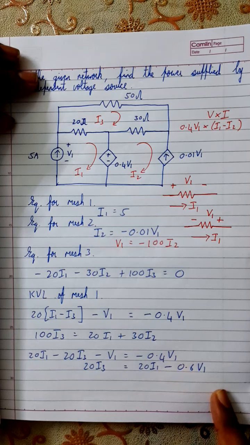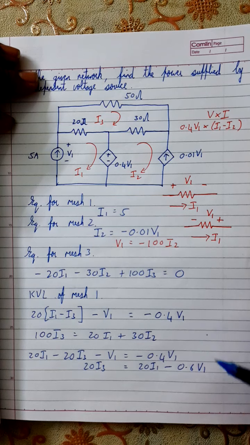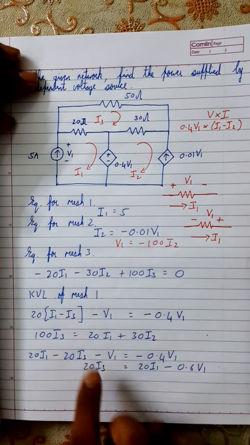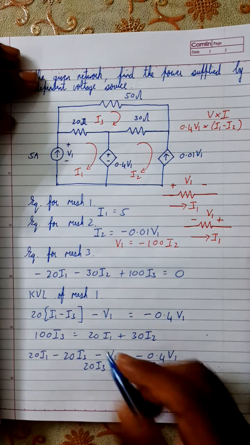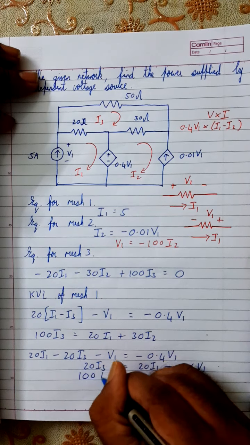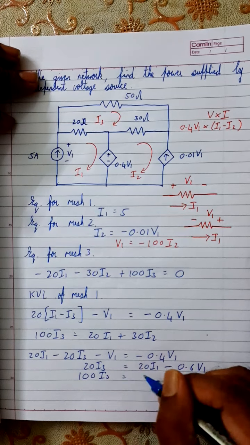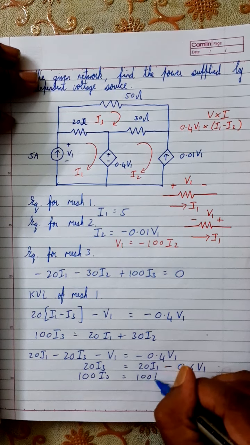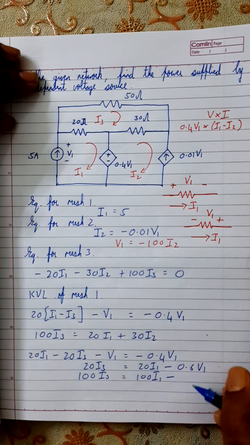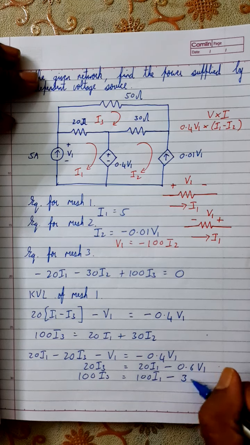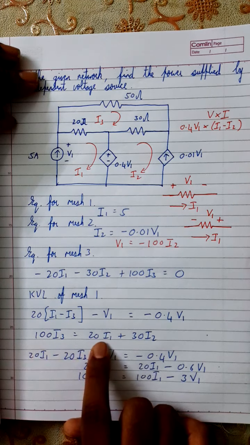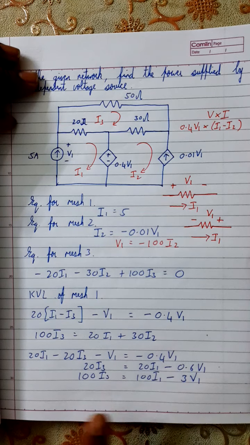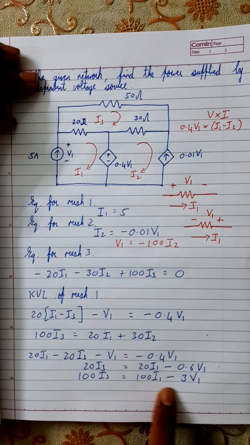So now I found these two equations in terms of I3. I'll make this equal by multiplying this equation by 5. So 100 I3 is equal to 100 I1 minus 0.6 into 5, which is 3, so 3 V1. Which means 100 I3 is equal to 20 I1 plus 30 I2, and 100 I3 is also equal to 100 I1 minus 3 V1.